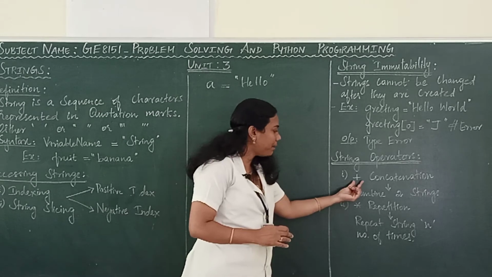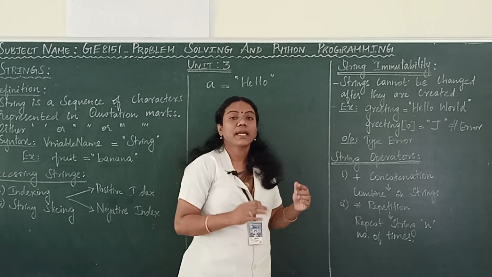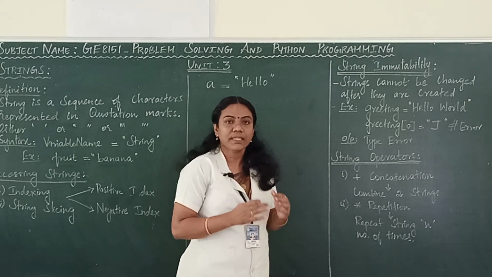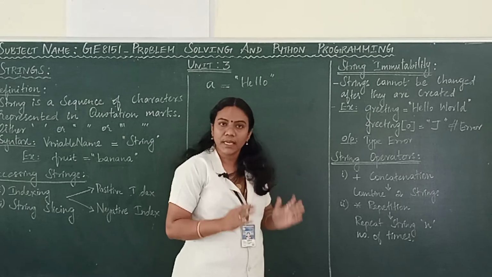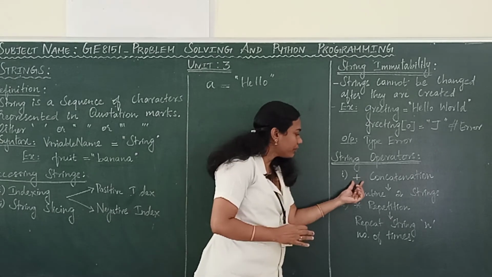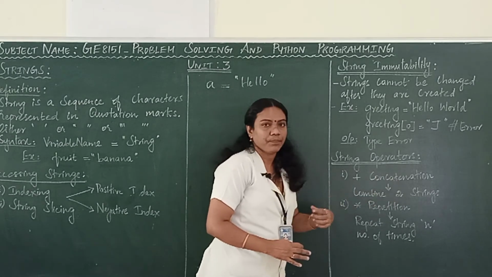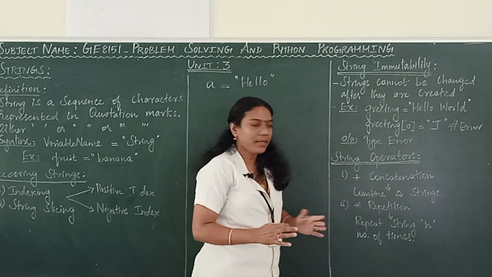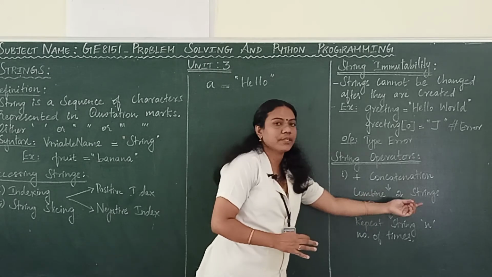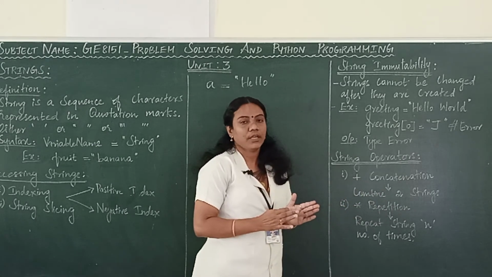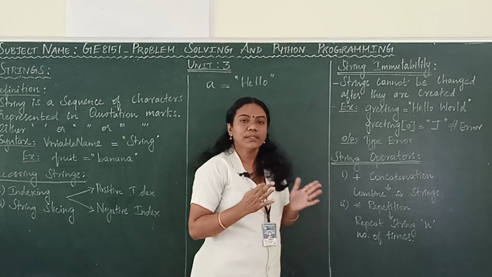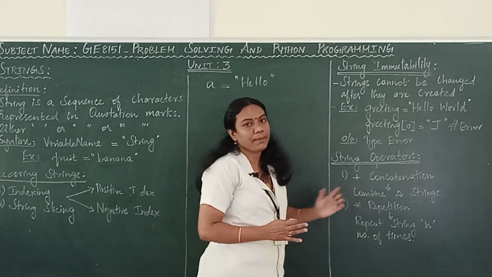If plus or asterisk is used in between two strings, it has a valuable meaning. The meaning of the operator plus in terms of strings is concatenation. Concatenation is nothing but combining or joining two strings. If you need to join two strings, simply use the operator plus in between them.